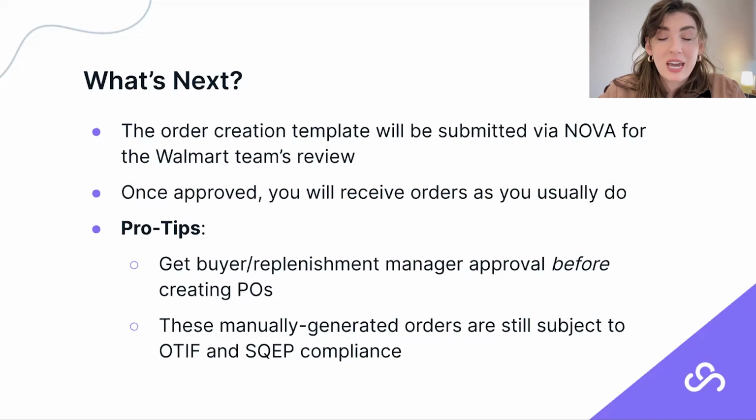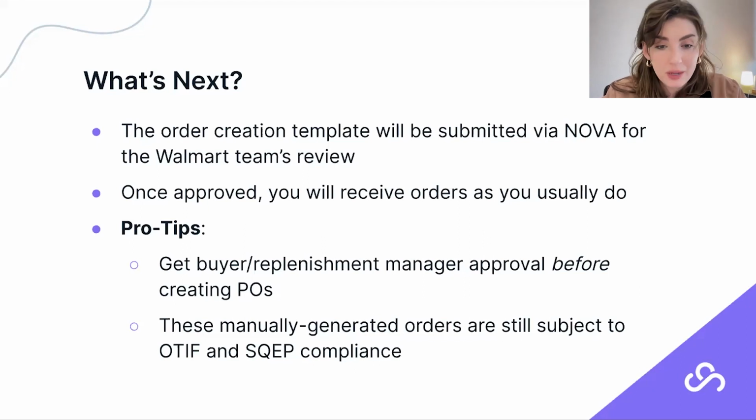The name of the game with Walmart is always to be efficient, but also completely effective and not falling subject to not being on time, not having all of the inventory in full, not having the correct labeling, correct packaging, palletizing that merchandise correctly. All of those are outlined in some of our other materials.